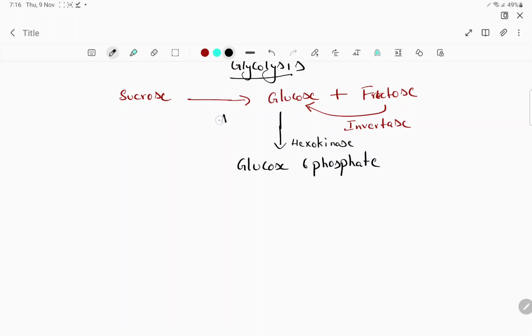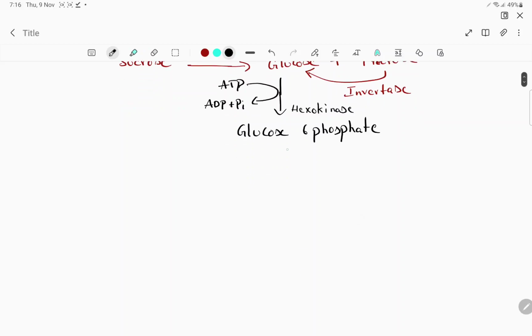And here one ATP is utilized to form ADP plus Pi. And glucose 6-phosphate is converted to fructose 6-phosphate by the enzyme isomerase.